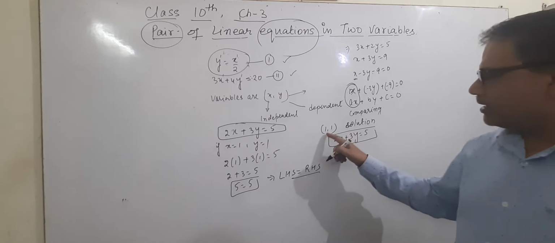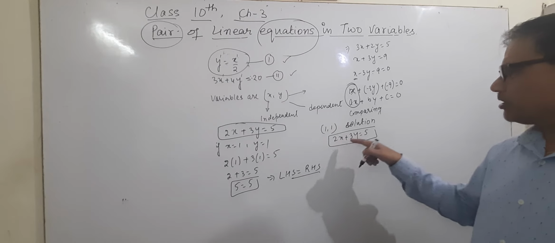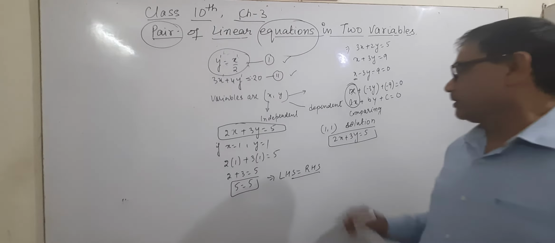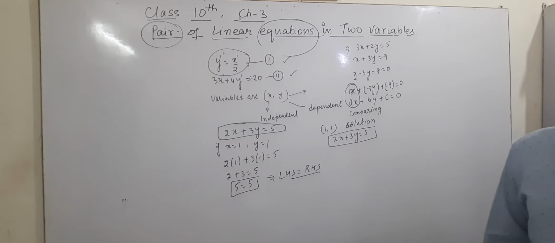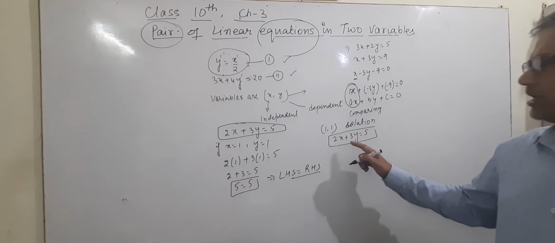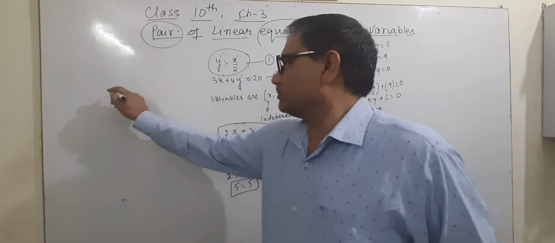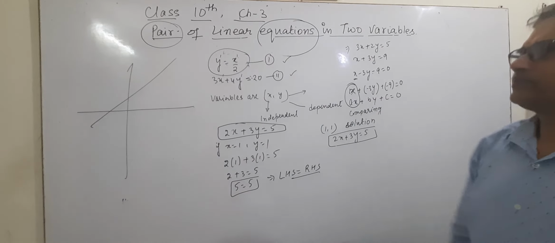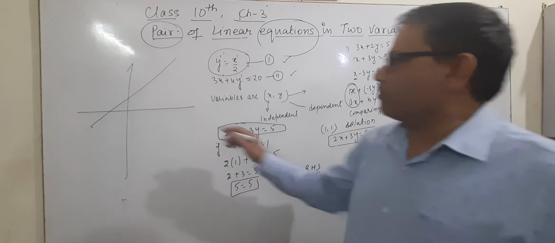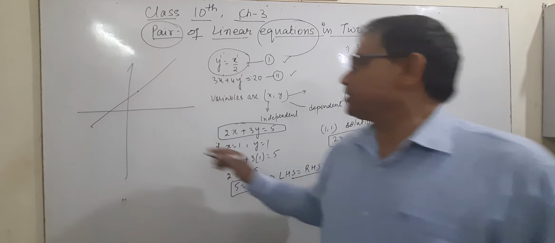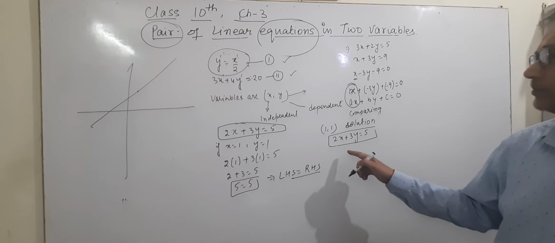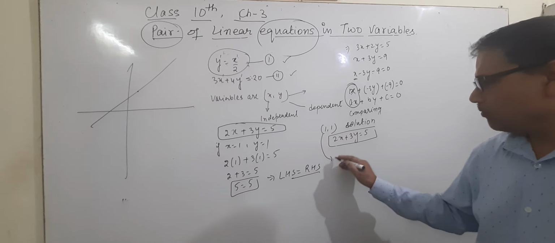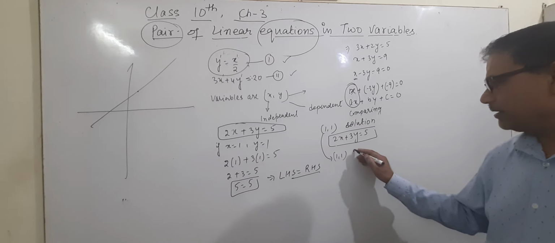It means 1 comma 1 is the point which lies on the equation 2x plus 3y is equal to 5. We generally know this linear equation forms a line, and we will draw it later on. This 1 comma 1 is the point which satisfies this line. If LHS is equal to RHS, that means 1 comma 1 is a point that lies on the line.